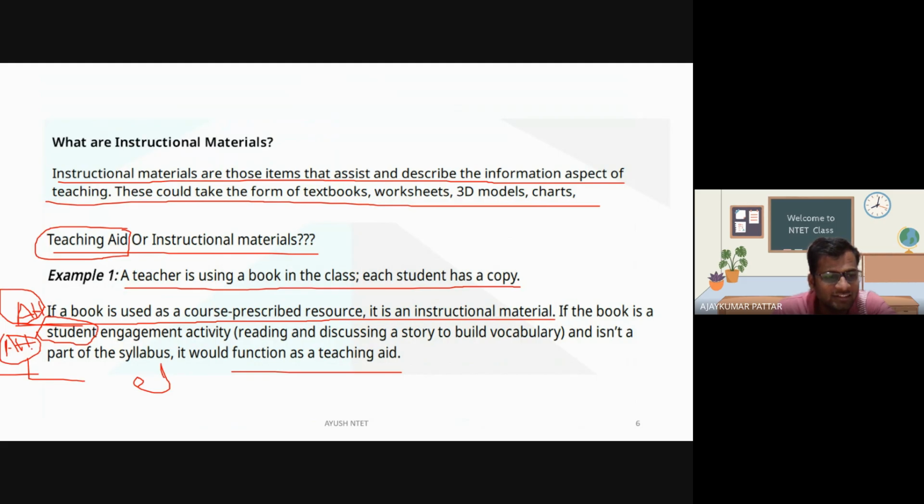To understand this, if you use any other textbook like dictionaries, Sanskrit or your regional language dictionaries or Shabdakalpadruma to understand that particular word, then that dictionary or Shabdakalpadruma is called a teaching aid. Whether you understood the concept between this instructional material and teaching aid?